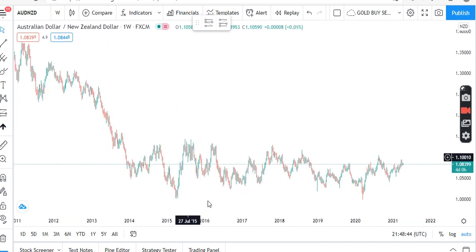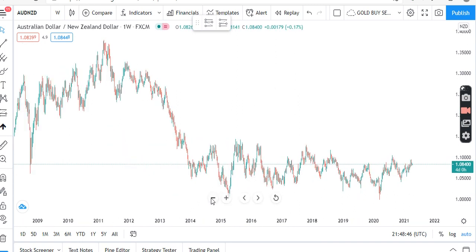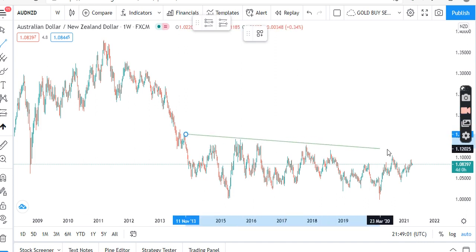So what I'm going to do is try and get my, so this looks like a diagonal support resistance, if you can say. As you can see, it's not really straight, but it's kind of diagonal, right?